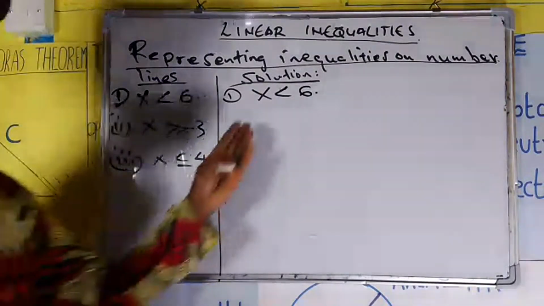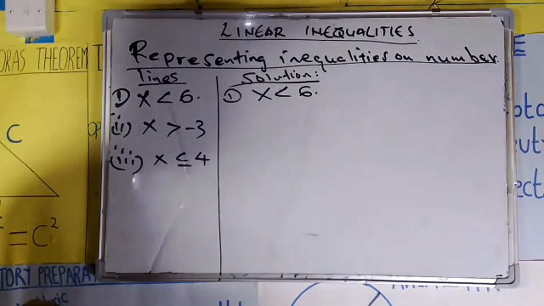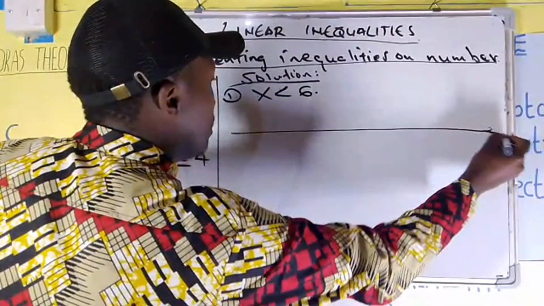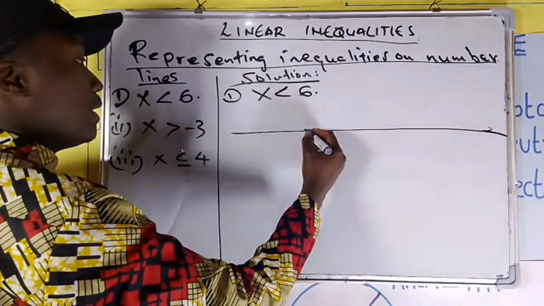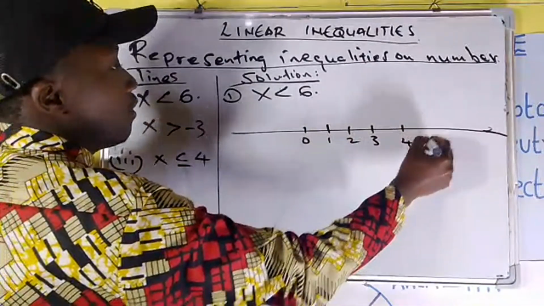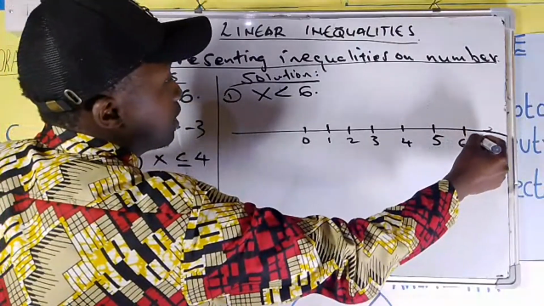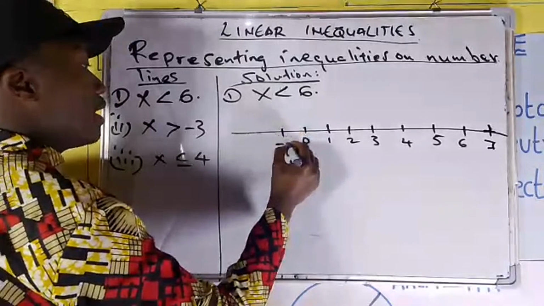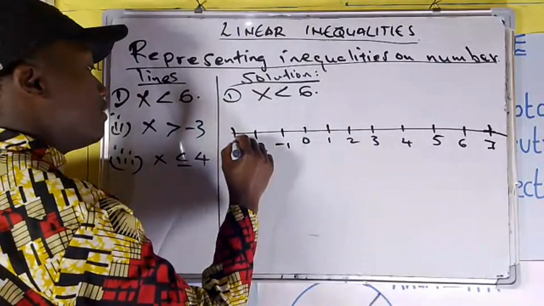When we have x is less than 6, we are first going to draw our number line. Our number line starts at 0, 1, 2, 3, 4, 5, 6, and we can even have 7 there, and -1, -2, -3.